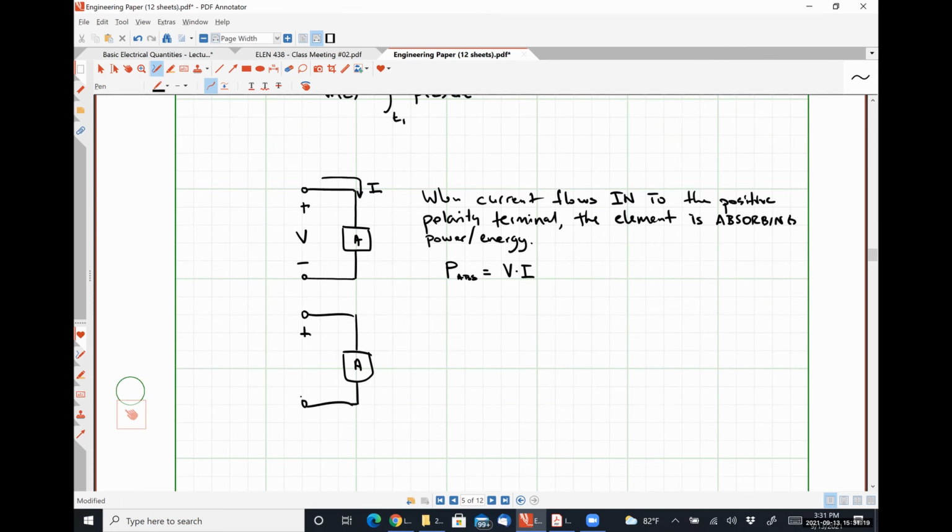I'm going to apply that voltage V in the exact same way, but now I'm going to change the direction of I. So in this case, I would consider that the current I is flowing into the negative polarity terminal and out of the positive polarity terminal. Okay.